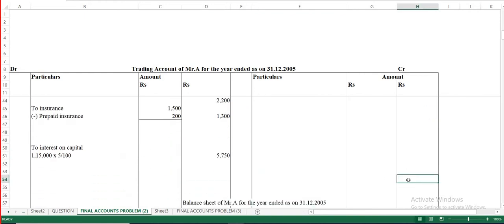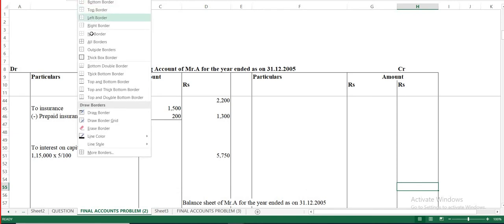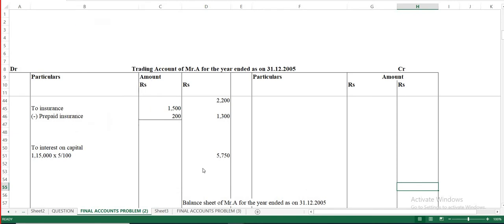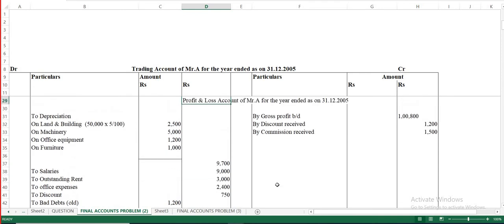Whichever has the higher value you have to write at the end. Within the box you have to draw lines. Find out the higher value and give it here.